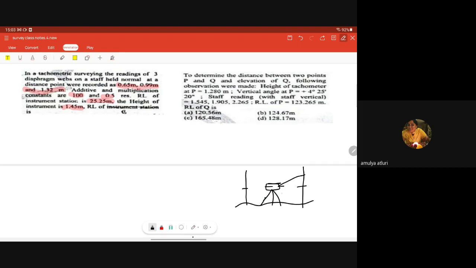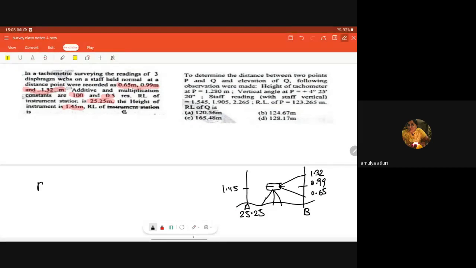So 1, 2 and 3. It is 1.32, 0.99, 0.65, right? And height of the instrument is given 1.45 and RL 25.25. What they are asking us is the RL at B.